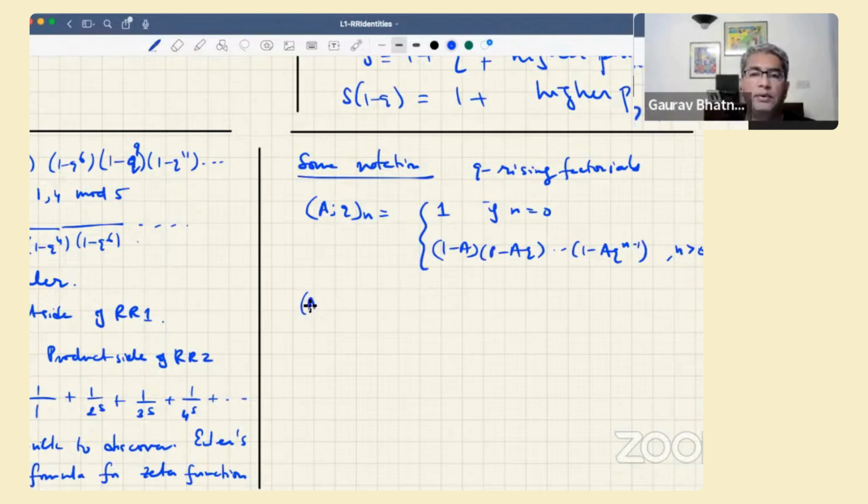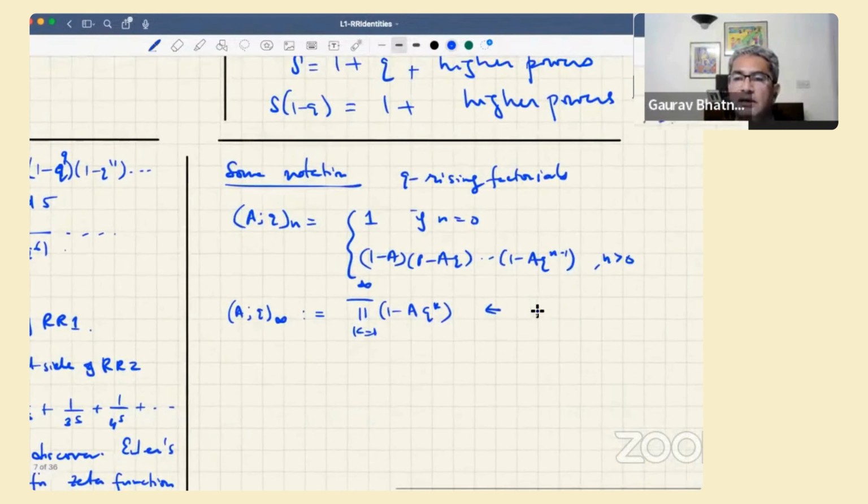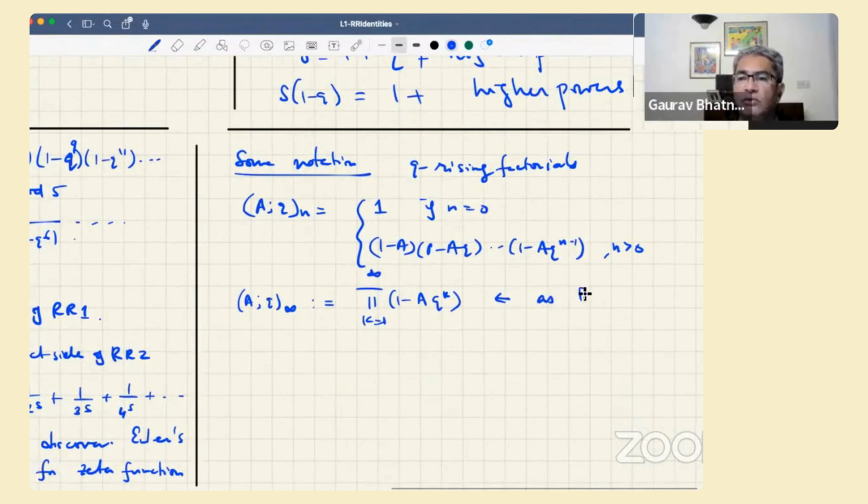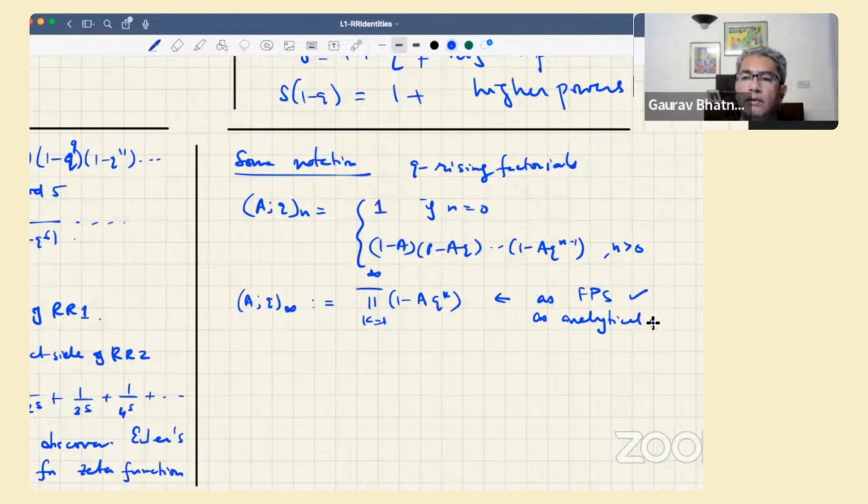And we also see the n equal to infinity case, the product of 1 minus aq to the k, with k going from 0 to infinity. As formal power series, no problem. As an analytical object, we need this for convergence.